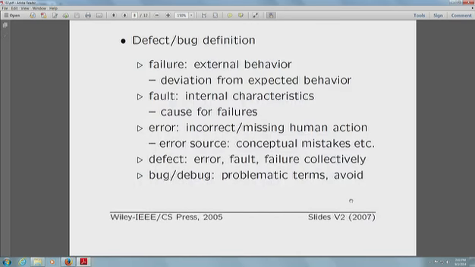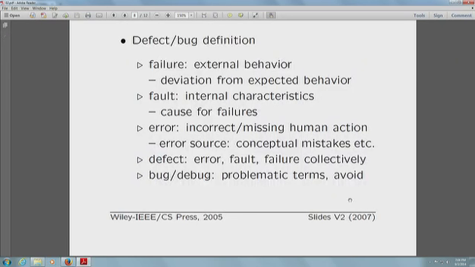That's when we come up with more precise definitions of things associated with something wrong. In the standard IEEE definition, we have failures, faults, and errors, and when they are used collectively, we call them defects. Whenever we say we're doing defect classification, defect analysis, or defect prevention, you may ask: are you classifying just the failures or faults, or maybe all of them?